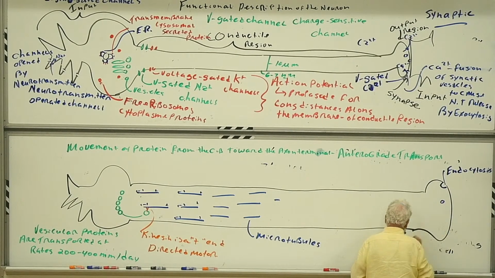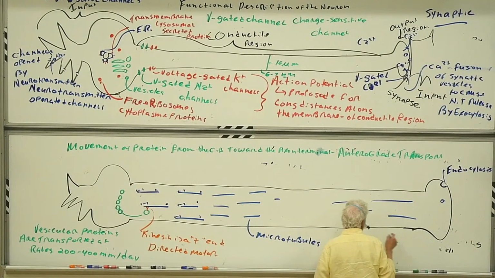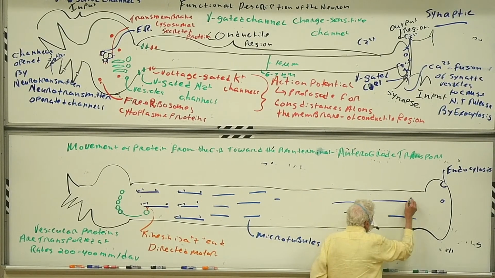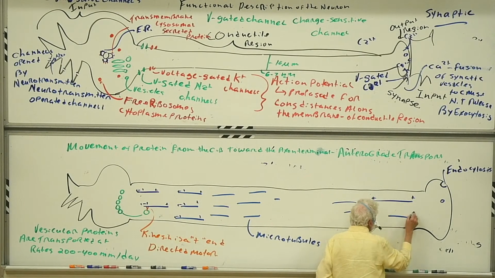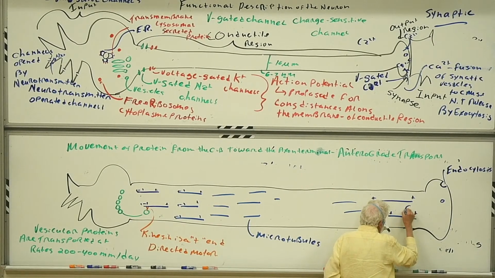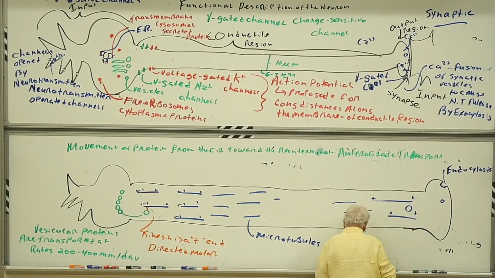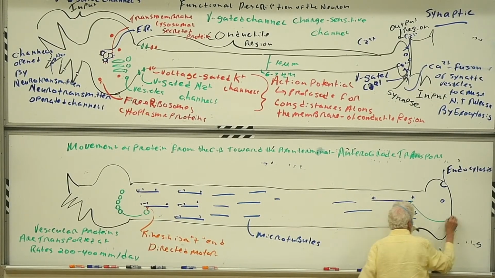These vesicles then are again put on microtubules. And these microtubules again have their plus end toward the terminal and the minus end toward the cell body. These vesicles now can be mounted on the microtubules through the other motor called dynein.